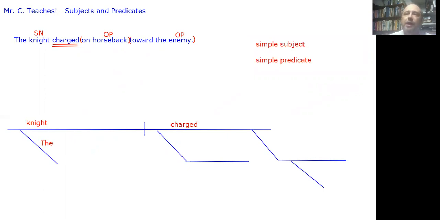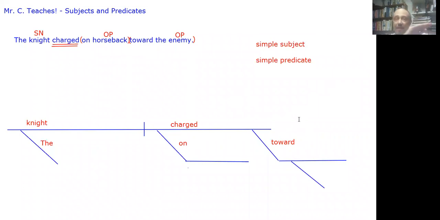These other frames that are hanging below my baseline here are for prepositional phrases. The preposition goes on the diagonal. So on is going to go here, and toward is going to go here, okay? And keep in mind, I should be writing those diagonally, but I can't do that with this program. Sorry.